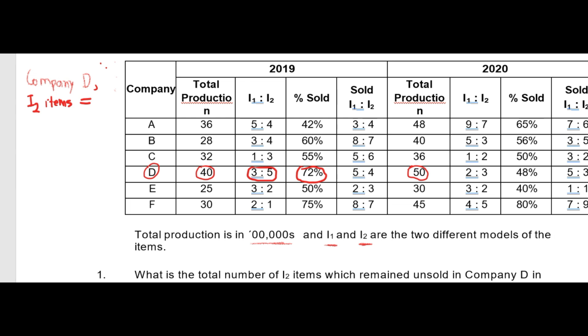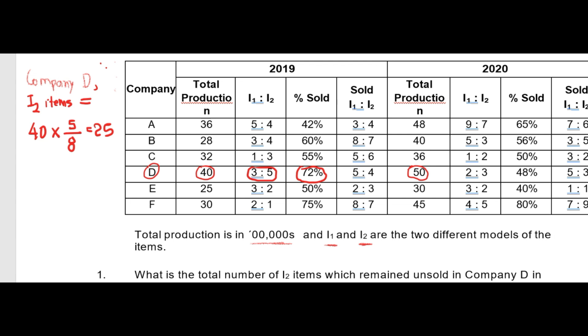First of all, I have 40 units in total production, and the number of I2 items, since the ratio is 3 to 5, is 5 to 8, so it's 5/8 of the total number produced. Because the total number produced is 40, I have 40 times 5 divided by 8, and this is 25 units in total produced in company D in 2019.